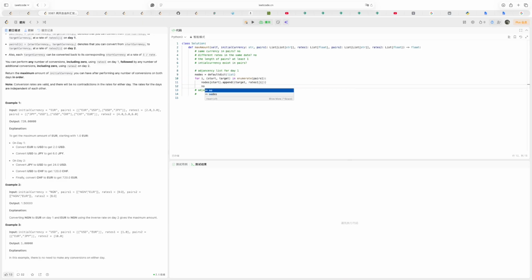And since it is bidirectional, we will have our target append start with rate 1. Okay, I have nodes 1 for day 1.